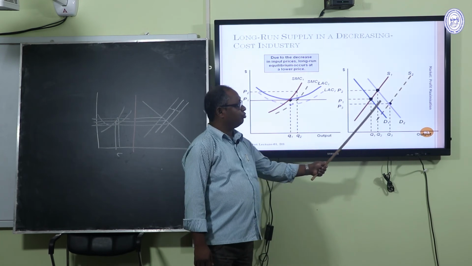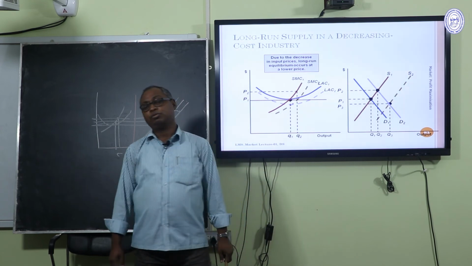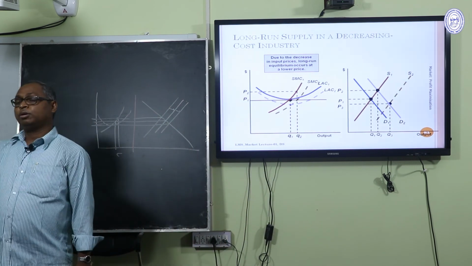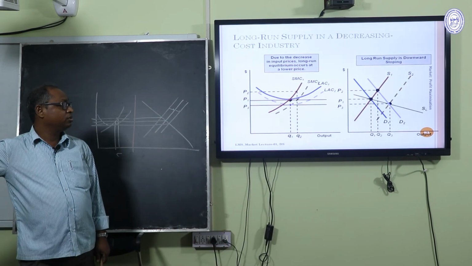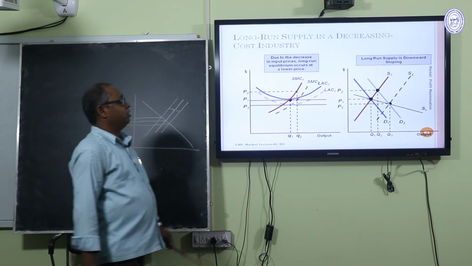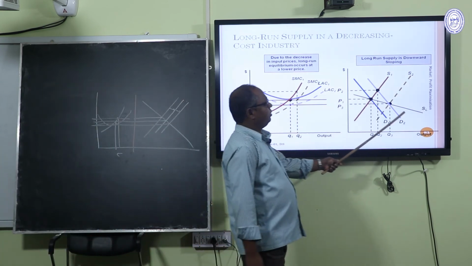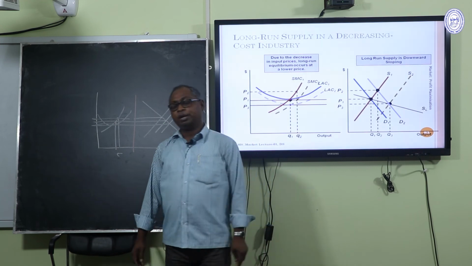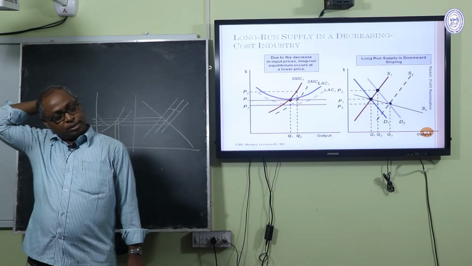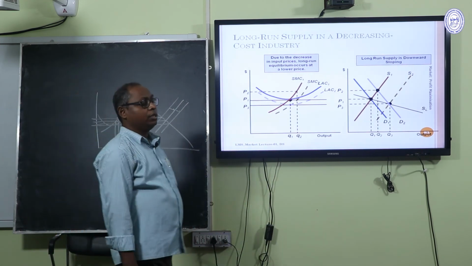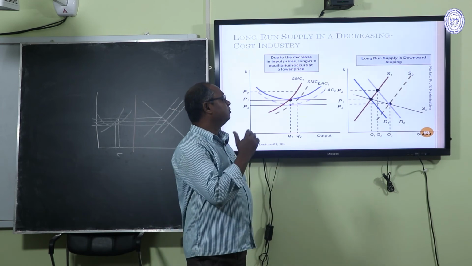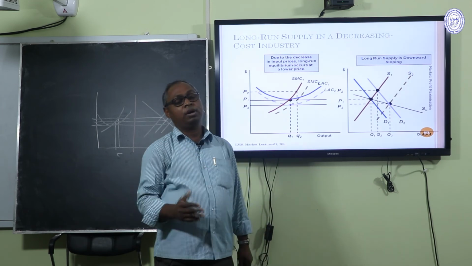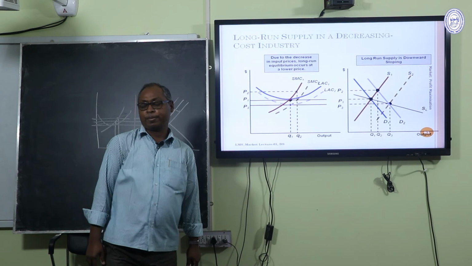If we connect all those points, we get the downward sloping long run industry supply curve SL, which is the black line. So this is the decreasing cost industry, and the downward sloping black line is nothing but the long run supply curve under the decreasing cost situation.